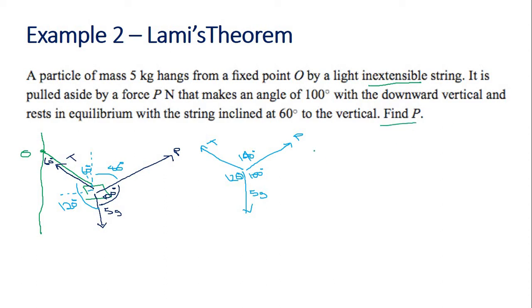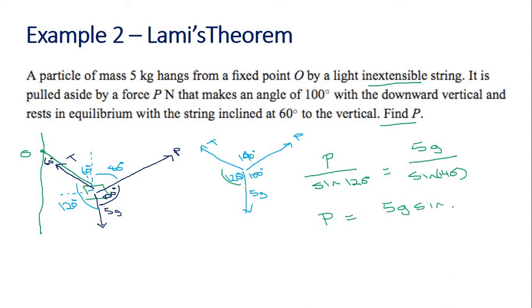Find P. So P is what I want to know. Lami's theorem says P over sine of the angle between the two opposite forces, which will be 120, equals the other force I know, 5g, over the opposite angle, 140. So that means that P is going to be equal to 5g sine of 120 over sine of 140.